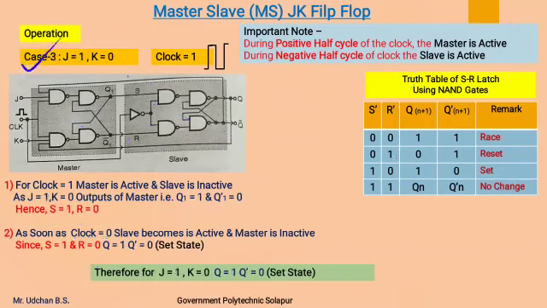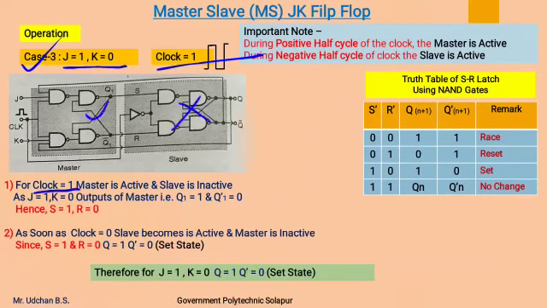Again we will see the next case, that is J 1 K 0 and clock is positive level. For J 1 K 0, during clock as a positive level, the master will be active again, slave will be inactive.